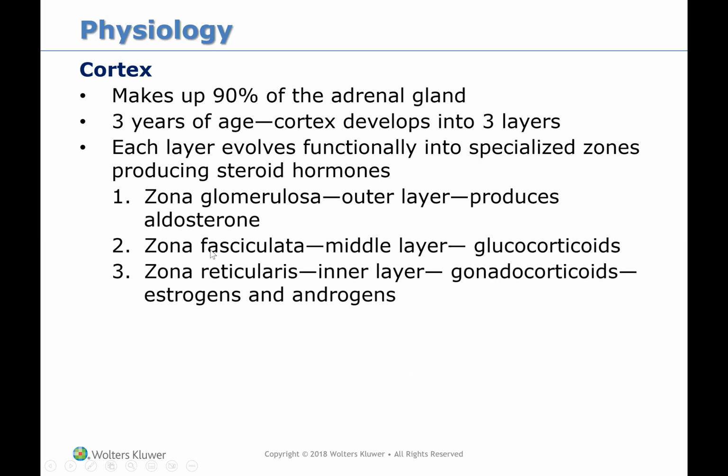Zona fasciculata is the middle layer and it produces glucocorticoids. And the zona reticularis is the inner layer and it produces estrogens and androgens. So there are three different zones within this cortex producing different hormones, which is just insane to me.